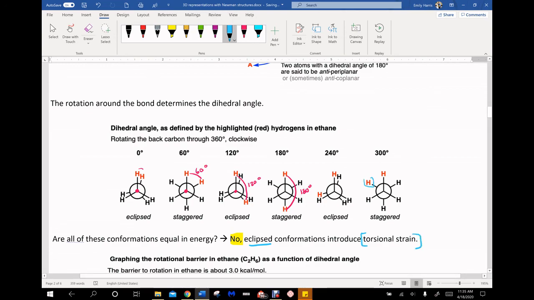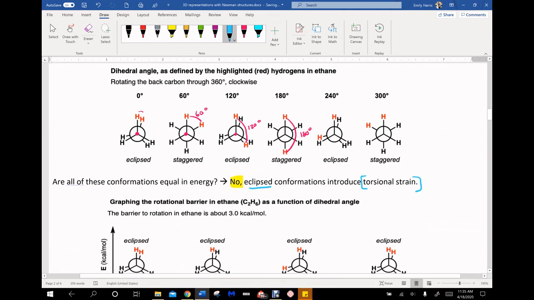Typically, the further apart the groups are in space, the better it is, because they're not as clumped together, and it doesn't create as much strain on the molecule. So your eclipsed conformations tend to have more strain due to the substituents on those carbons, the hydrogens, being really tight and relatively close together, within the same space.